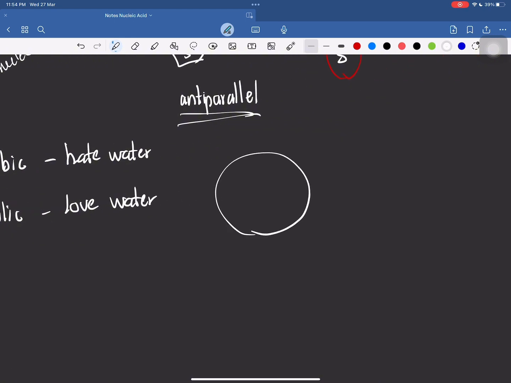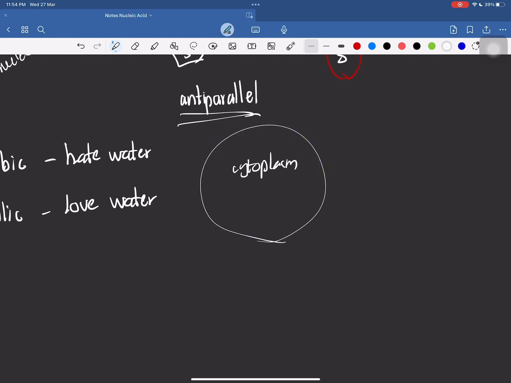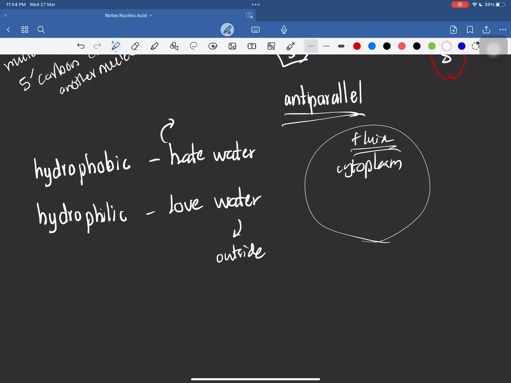Remember that in the cell, in the cytoplasm, there is a lot of fluid. Those who love water will stay outside, and those who hate water will tend to go inside. I should use blue color. So there are lots of water here, and here is the one that loves water, so they will tend to live outside.